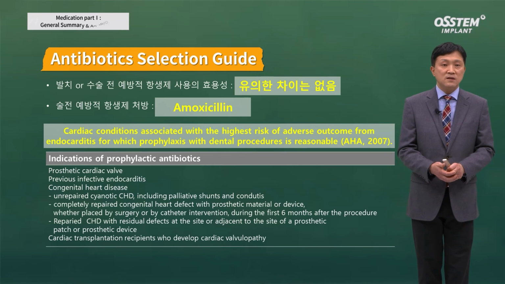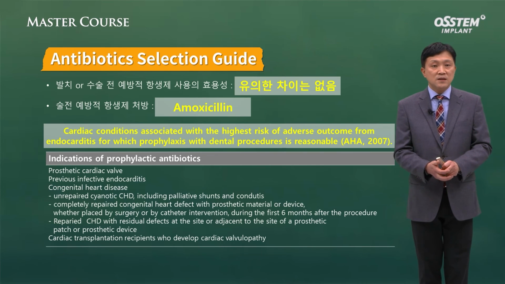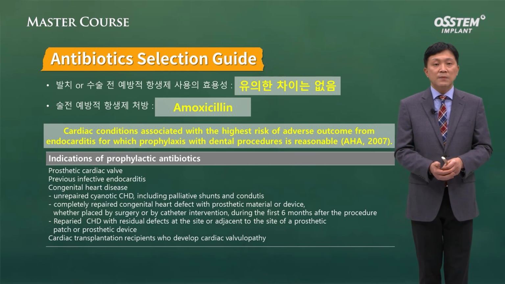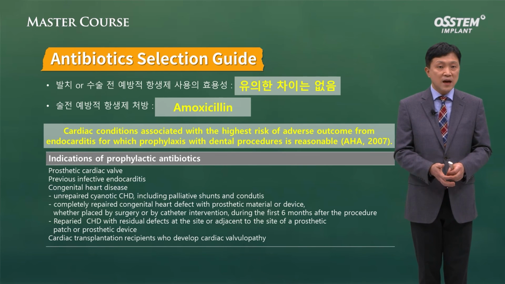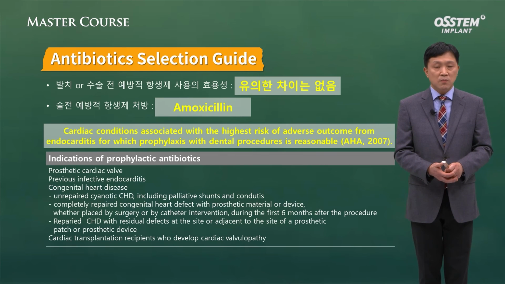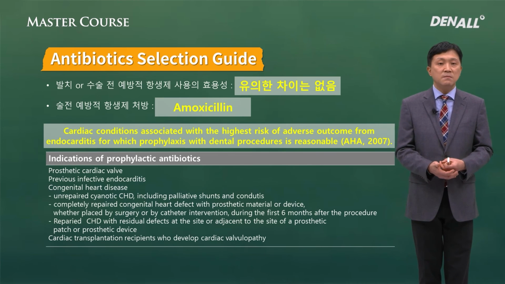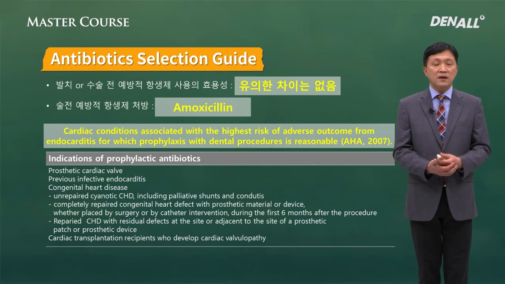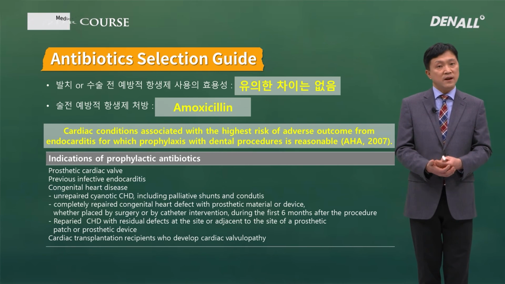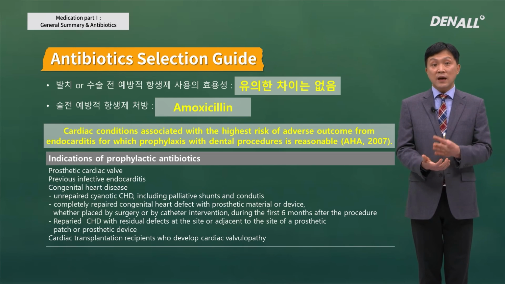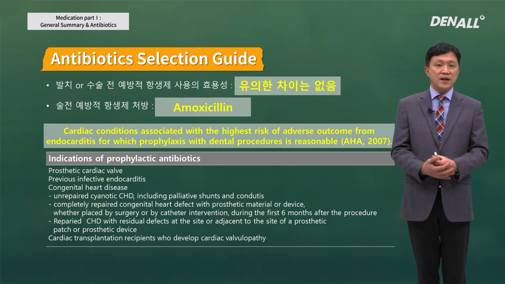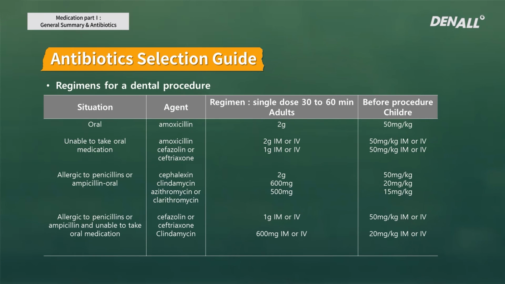Indications of prophylactic antibiotics: prosthetic cardiac valve, previous infective endocarditis, congenital heart disease, and cardiac transplantation recipients. Patients with such conditions need to receive prophylactic antibiotics. Amoxicillin needs to be prescribed. That is the standard recommended by the AHA.